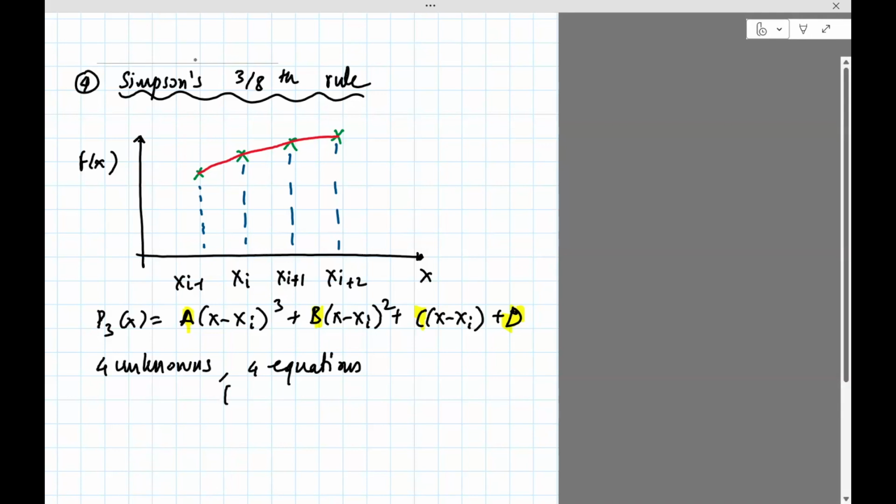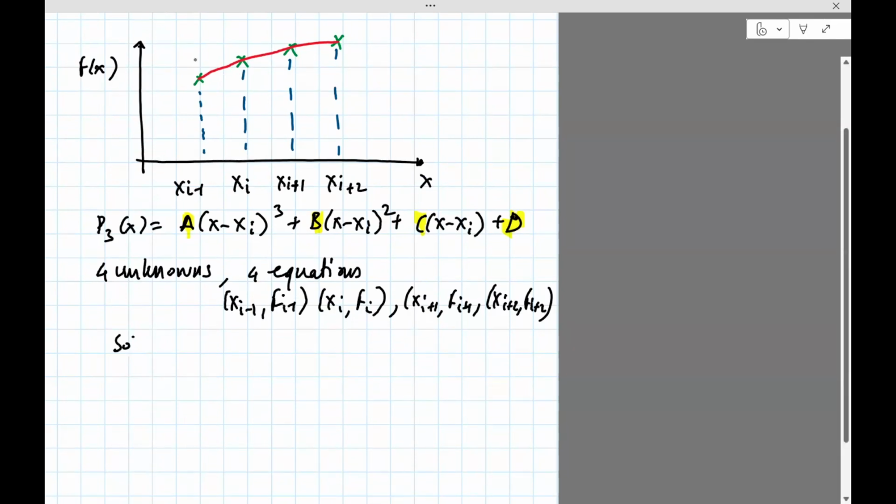Well, we know that it passes through xi minus 1, f of i minus 1, xi, fi, xi plus 1, fi plus 1, xi plus 2. Okay, so the same trick: you make it pass through these 4 points, compute a, b, c, and d, then take the integral. So solve for a, b, c, and d. It's just the same thing.